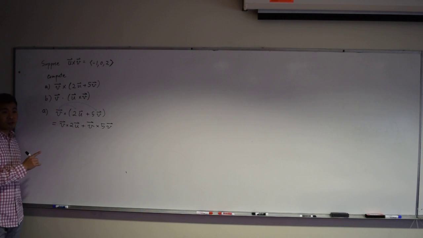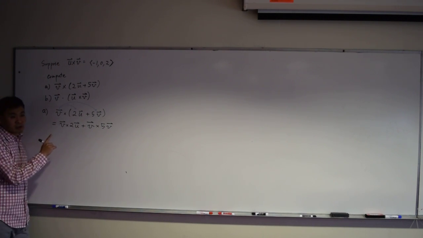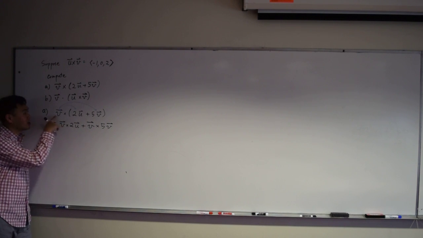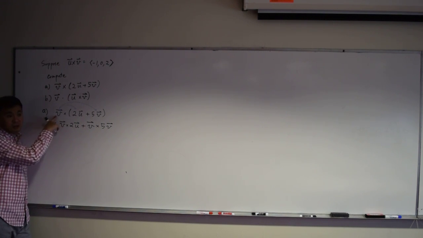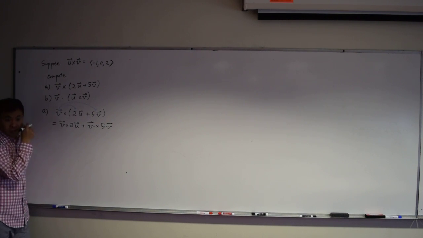And when you do this distribution, it's very important not to mess up the order. I put v first because v is first. If you change the order, it's no longer true, and the reason for that is because cross product is not commutative, right?